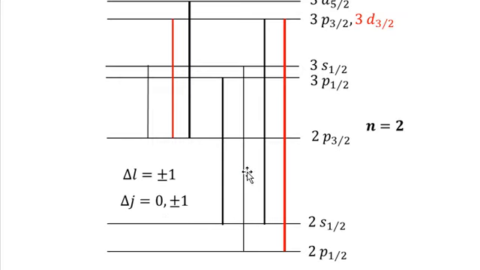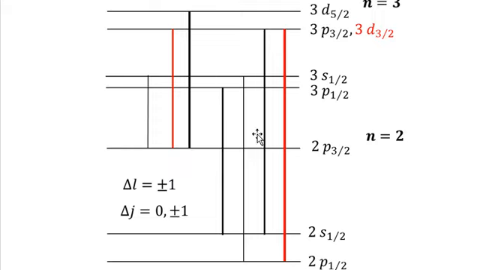And the other transitions have also been shown. All possible transitions have been shown, and all these transitions satisfy the two selection rules. These are the optical transitions, that is, a wavelength will be emitted when the transition occurs. And these transitions follow delta L equals plus or minus 1 and delta J equals 0 or plus or minus 1.